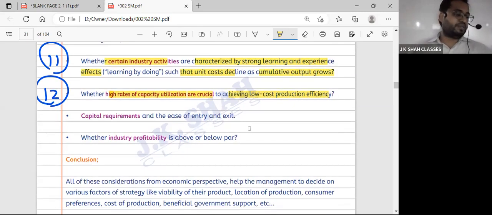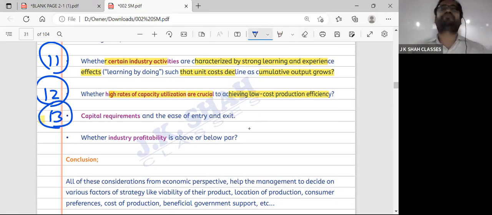13th point, a simple point. Students don't find this difficult. What is the capital required? Whether high capital is required or low. If low capital is required, many competitors after you will also enter. But if high capital is required, initially very few competitors will enter.